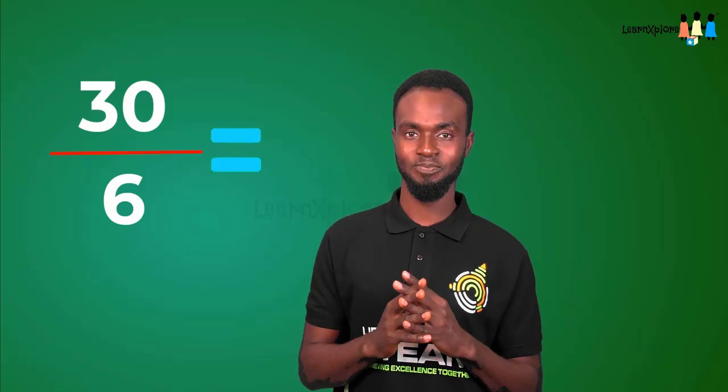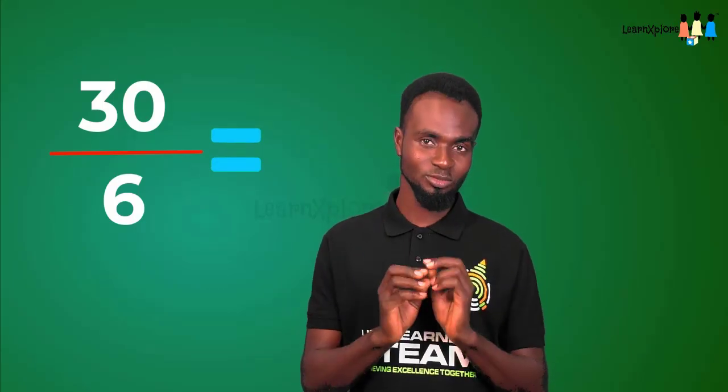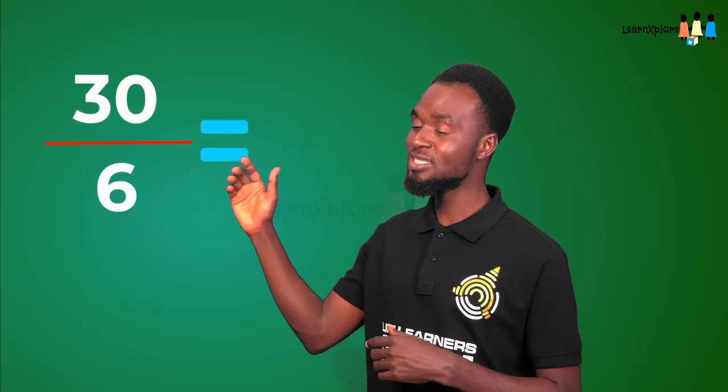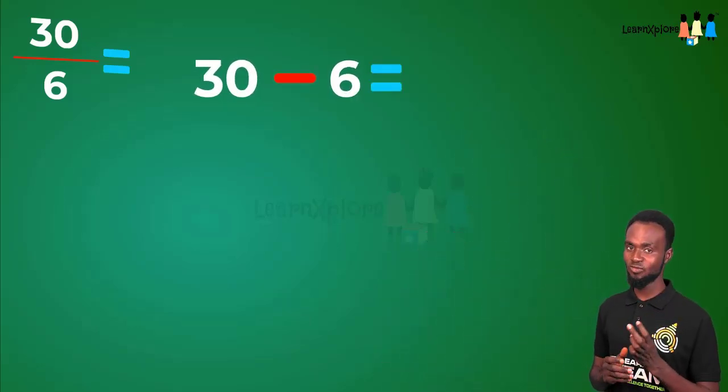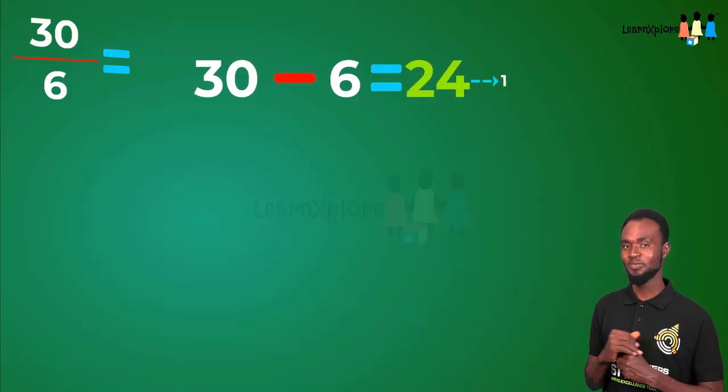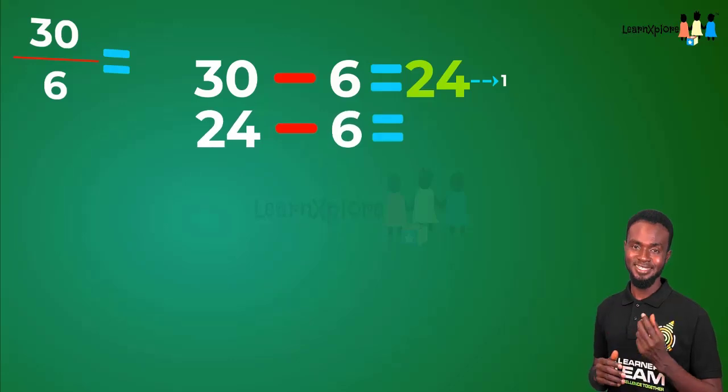Now, what if you have 30 divided by 6? We can still use repeated subtraction to do this. We have 30 and we're going to remove 6 from it until we have 0. So 30 minus 6 is 24. That's 1. 24 minus 6 is 18.